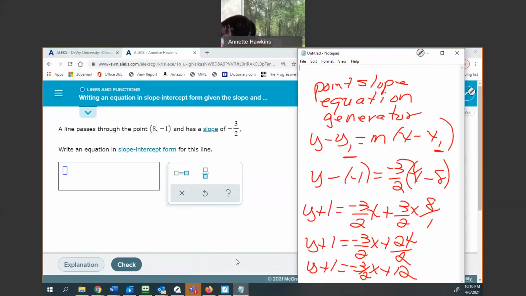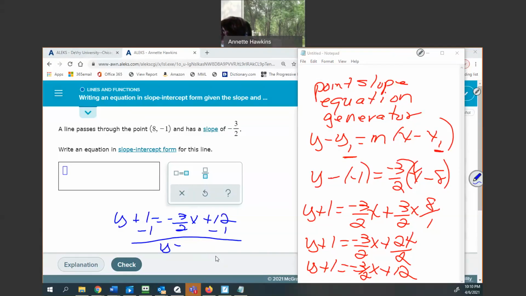Subtract 1, y equals -3/2 x plus 11, and that's what we said. So you can use either equation generator that you want. Oftentimes students stick with the slope intercept form and use that, okay?